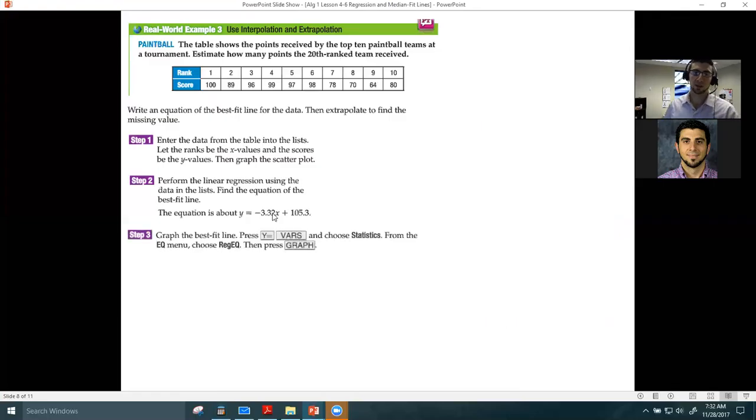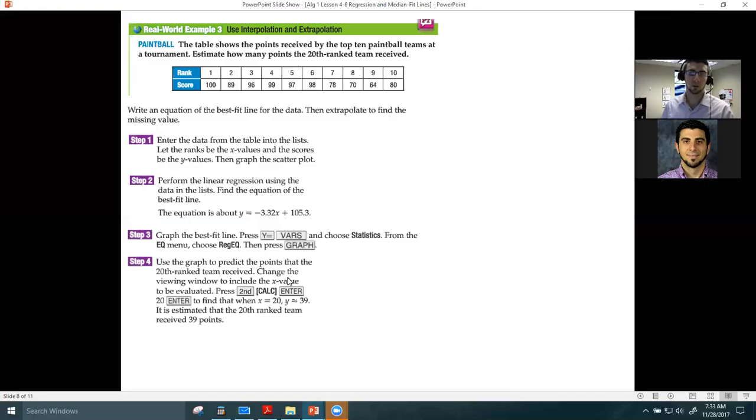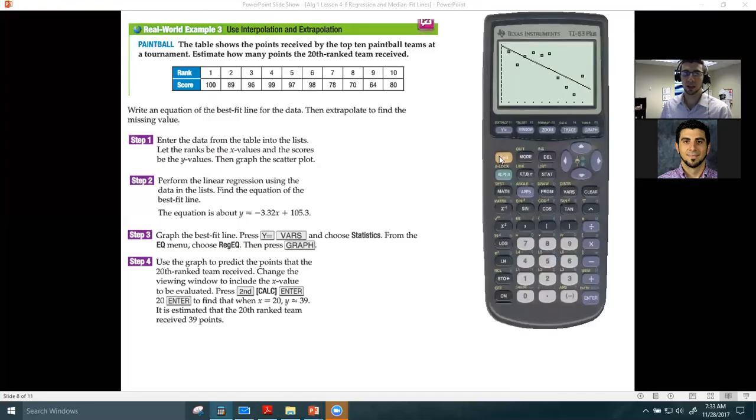Now we graph the best fit line and use the graph to predict the points that the 20th ranked team receives. So this is the first, second, third, fourth, fifth, 10th. If I want to know what the 20th ranked team is predicted to do, you hit second, calculate.